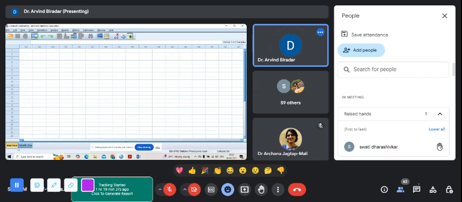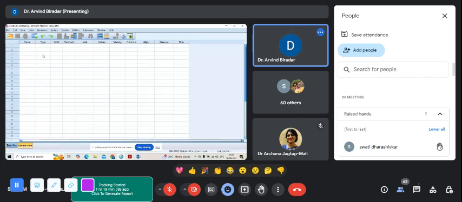Okay. Data view, variable view. The data I'm taking is blood pressure. This is a scale variable.